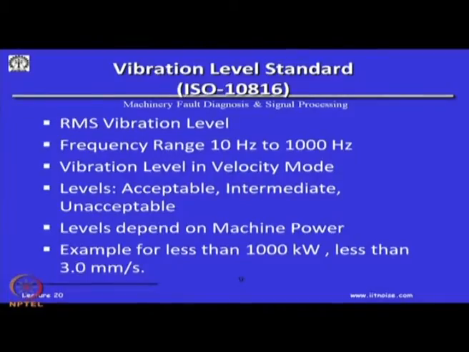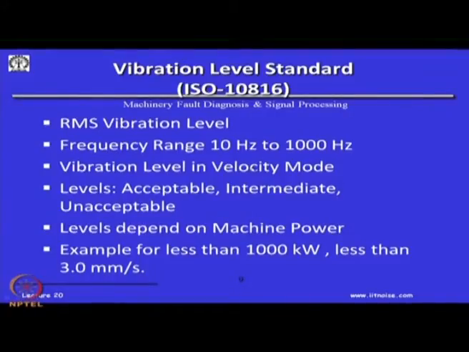This prime mover could be an electrical motor or an IC engine, and this is the new ISO 10816 standard, which says the allowable vibration level for a particular machine. ISO 2631 was for the human being and ISO 10816 is for the machines, which says we have to measure the RMS vibration level in the frequency range from 10 hertz to 1000 hertz.